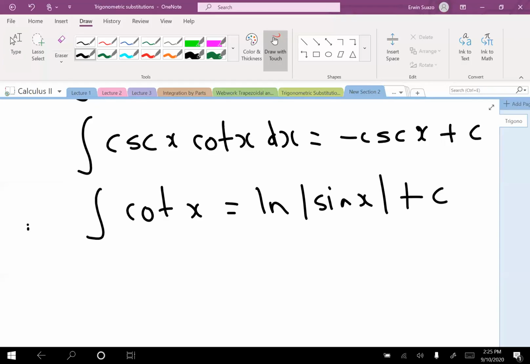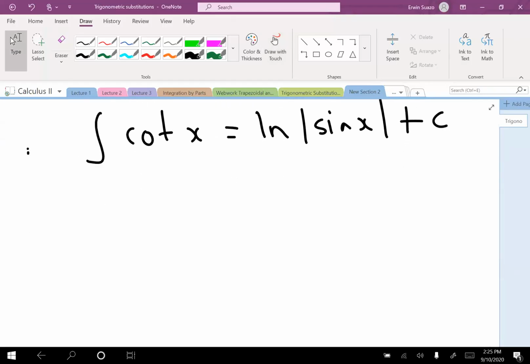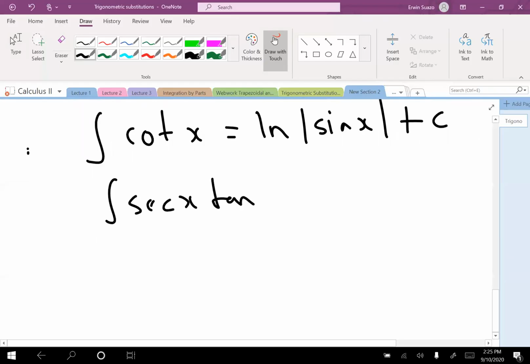And the integral of secant times tangent is secant of x plus c. And the last one, but again, these are just formulas, not that you have to memorize them. You will have them in your exam.